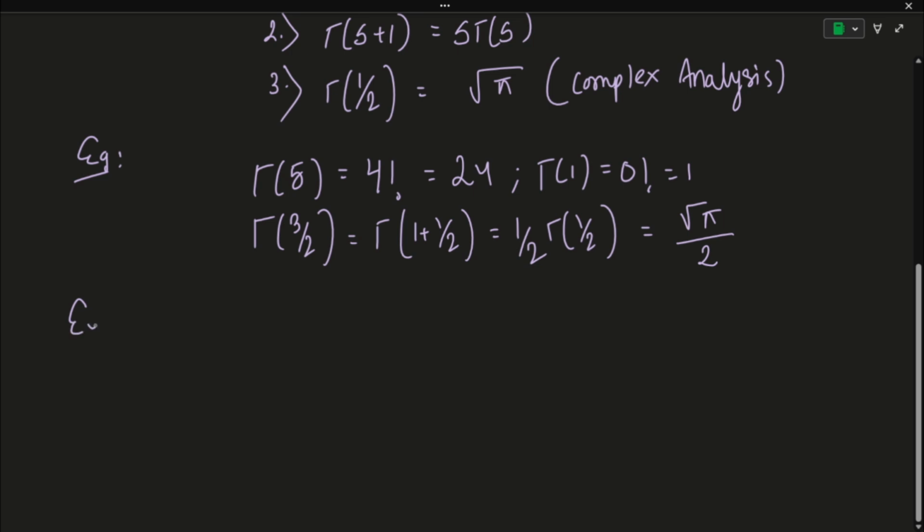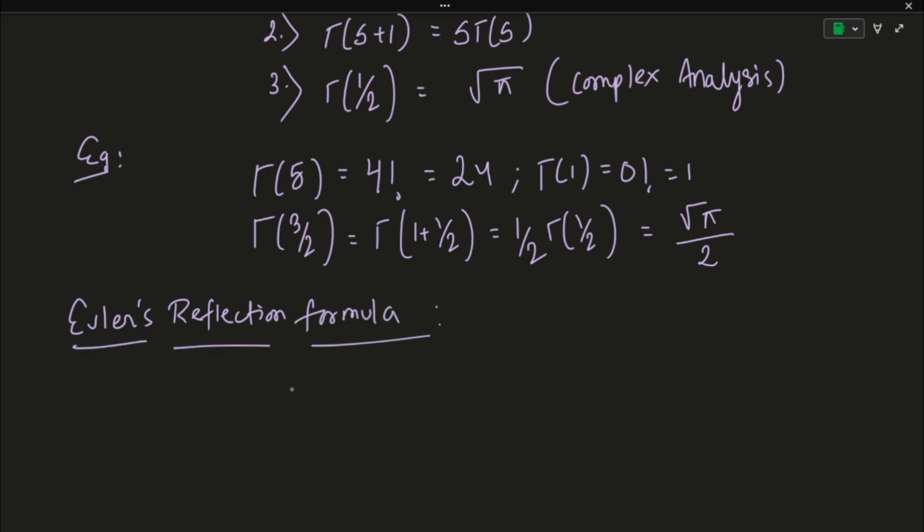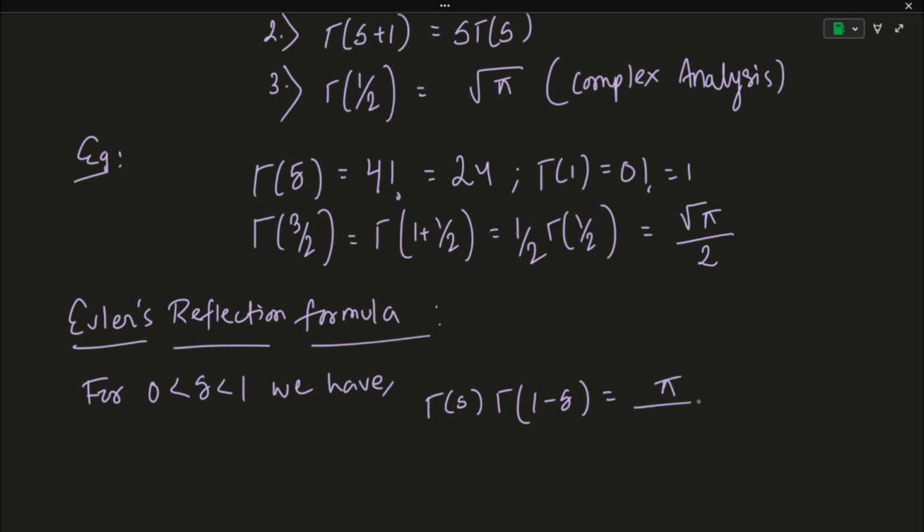Another important formula and the last property we are going to learn is Euler's reflection formula. What does it state? It states that for 0 less than s less than 1, where s is a real number, gamma of s multiplied by gamma of 1 minus s is equal to pi by sine of pi s.